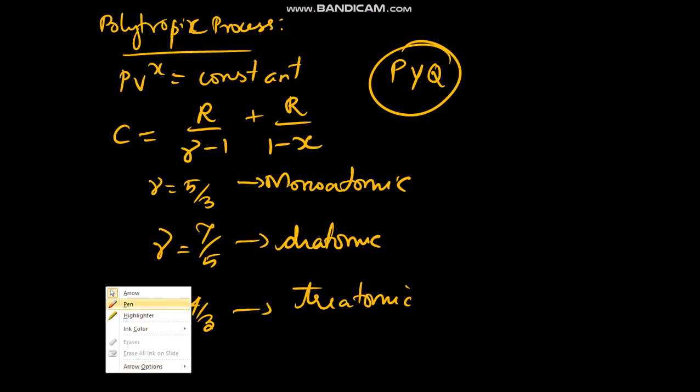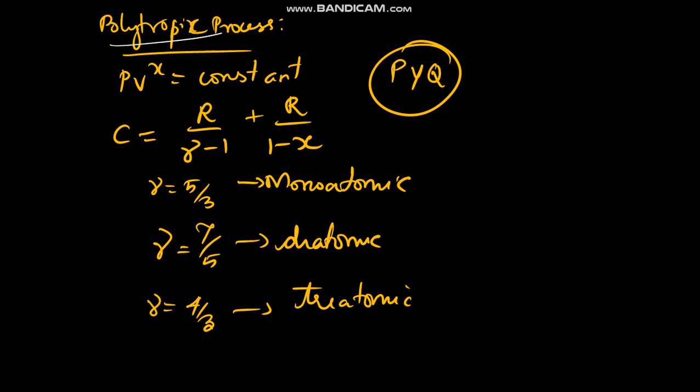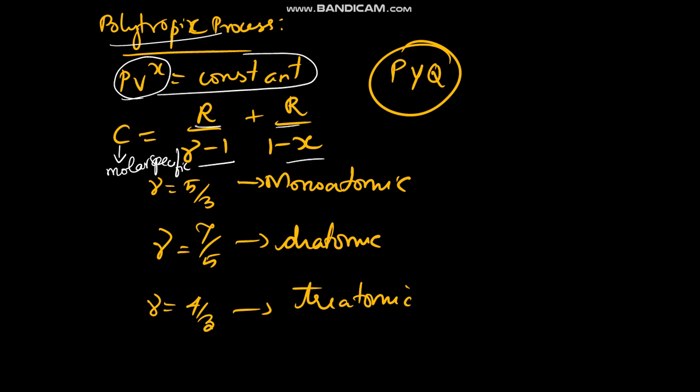Now let us see, for a polytropic process, PV power X is constant, like this they have given, then they are asking the C value. C is the molar specific heat capacity of the gas. This is R by gamma minus 1 plus R by 1 minus X. So PV power X is constant they have given, and they are asking you to find out the molar specific heat capacity of the gas.